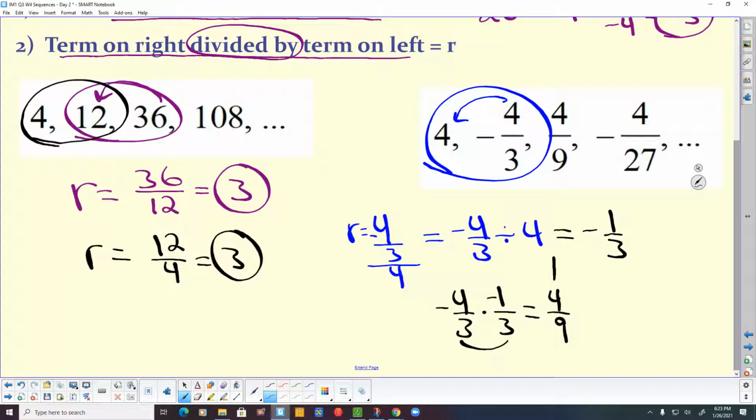And that's the next term. Multiply this by negative 1/3, and we get 4 times negative 1 is negative 4, 9 times 3 is 27. It works. I checked it.